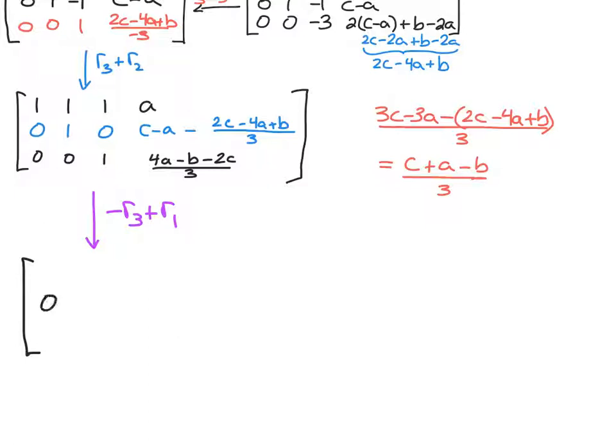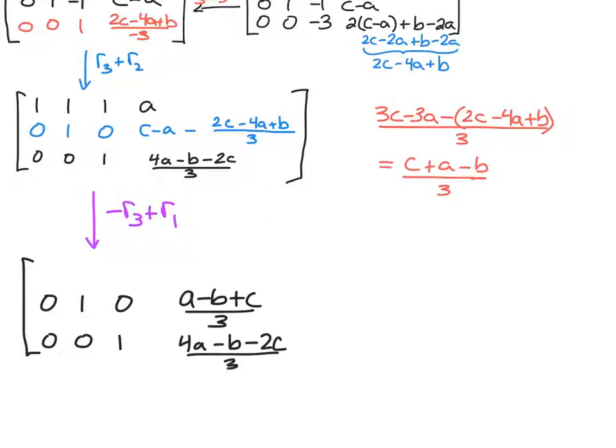So second row is going to remain unchanged, but I'll write my new expression in there. I'll write it as A minus B plus C over 3. And then 0, 0, 1. And then 4A minus B minus 2C all over 3.